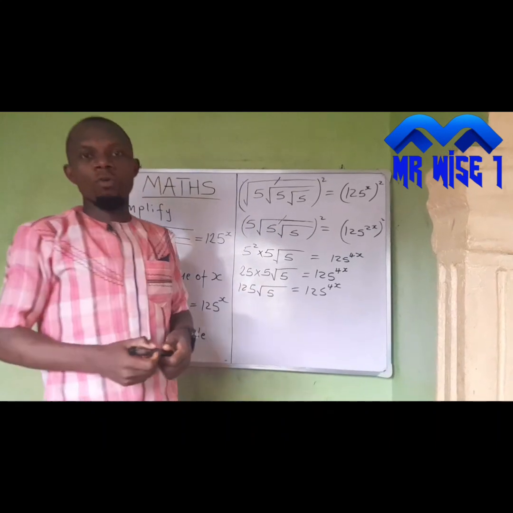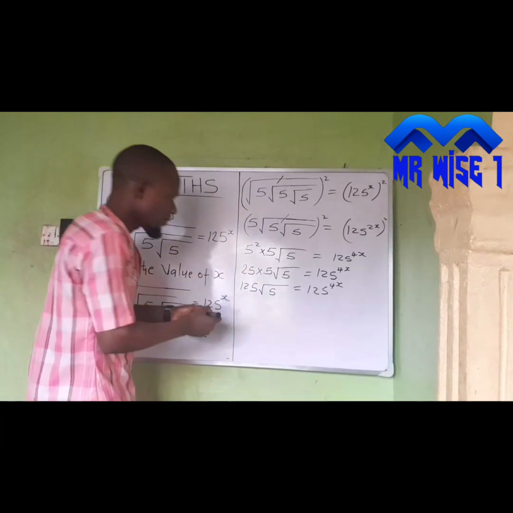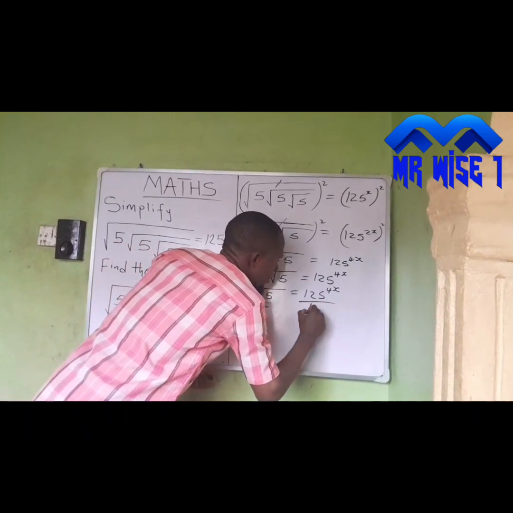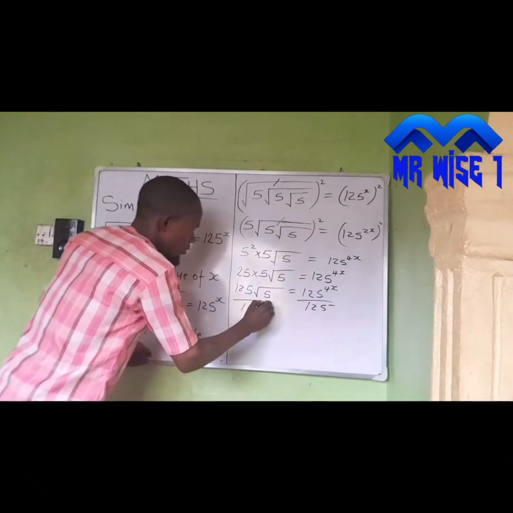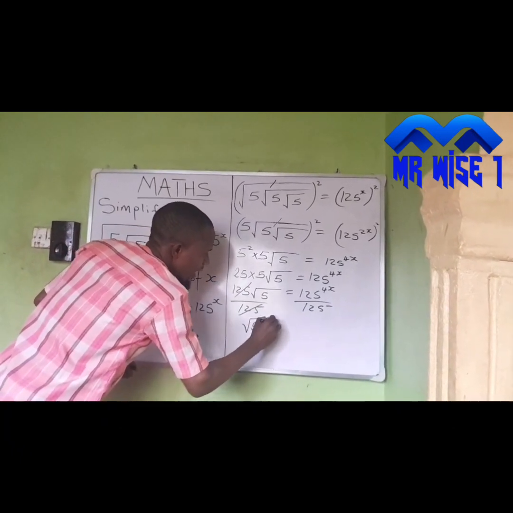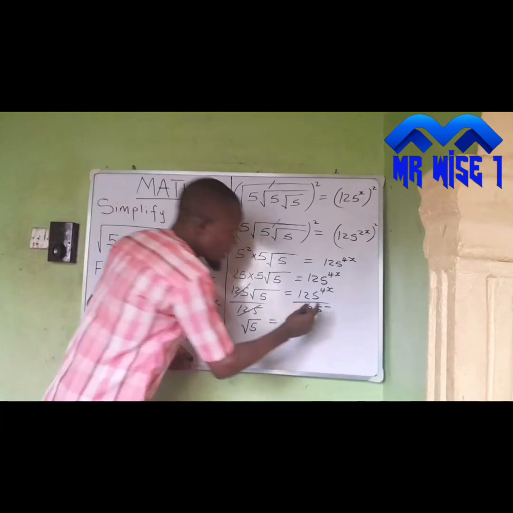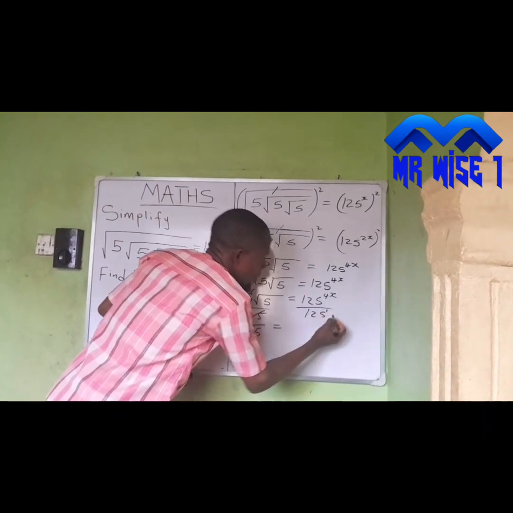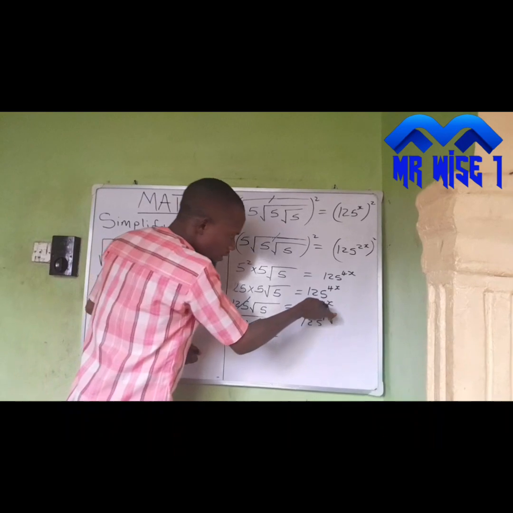So I'll divide both sides by the coefficient of square root of 5, 125. So this will go, this will go. I have square root of 5 is equal to, okay, this is the same thing as 125 raised to the power of 1.